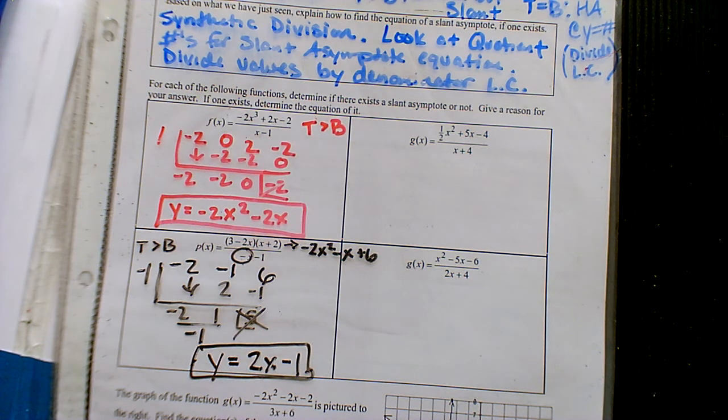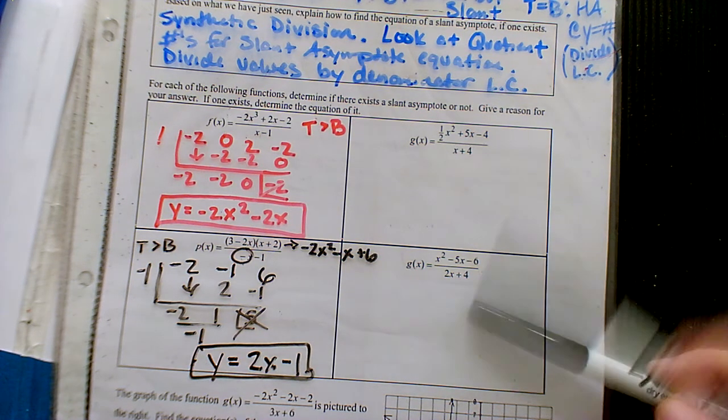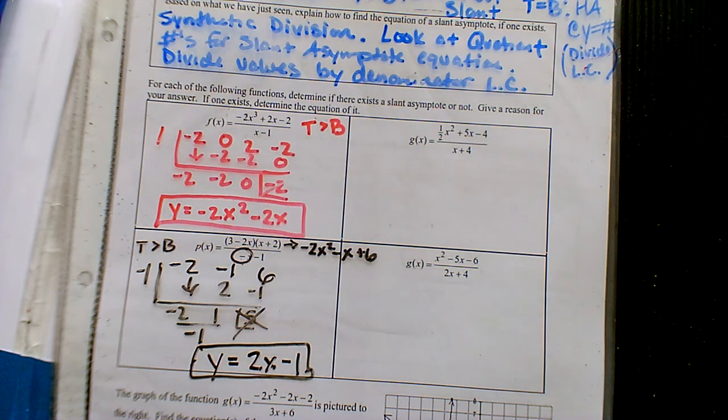Do you guys think you can try the next two? Okay, try the other ones, see if you can figure out where the slant asymptote is located.